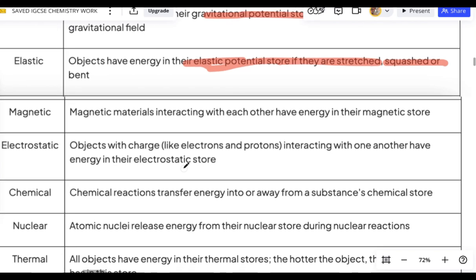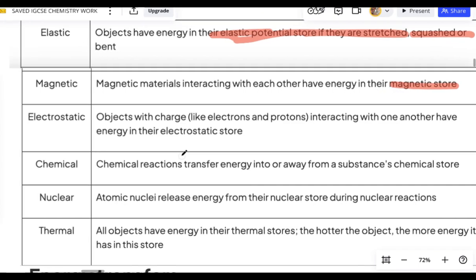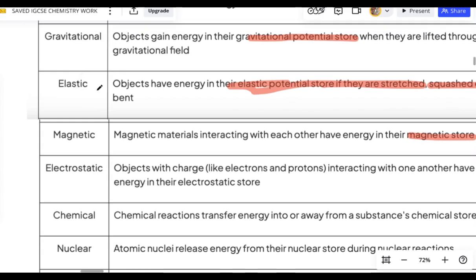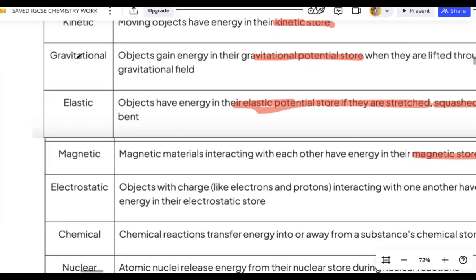For magnetic objects, magnetic materials that interact with each other have energy in their magnetic store. So these are the different forms of energy: magnetic, elastic, gravitational potential, kinetic, and so on.